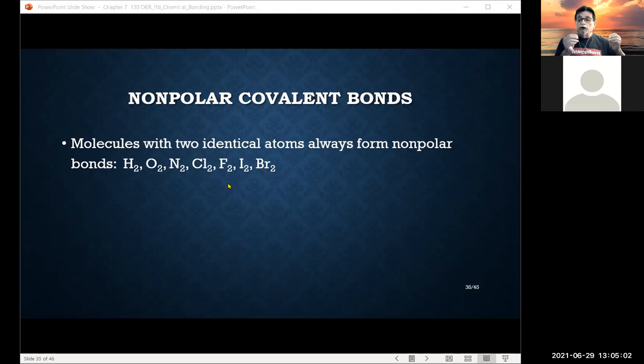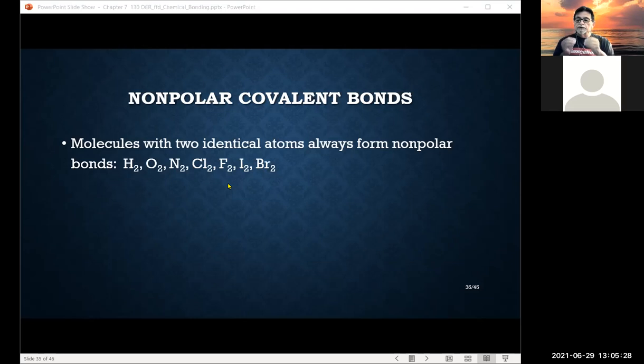Covalent compounds are when two or more non-metals get together. Now, within the covalent category, there's only two categories, ionic and covalent. Under the covalent category, there are two types of covalent bonds, polar and non-polar.